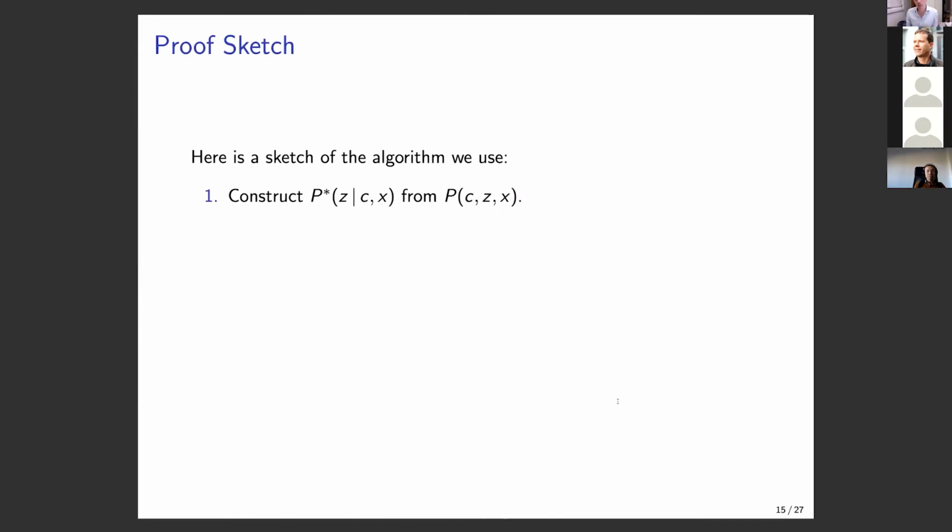So just to give a sketch of the algorithm that is essentially the proof of this. First of all, we use this piece of the past to construct this marginal piece in the intervened world. In our example, that was just P of Z given A, but in general, it might be just P of Z, for example.